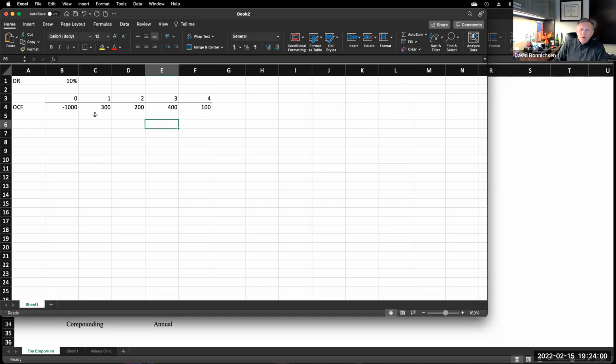So when we think about how to calculate the present value, because that's what we care about, we need to take all of these future dollars and convert those into present value dollars, because we're trying to compare the value of all these future cash flows with what we're asking the company to spend today. So it's got to be apples to apples.